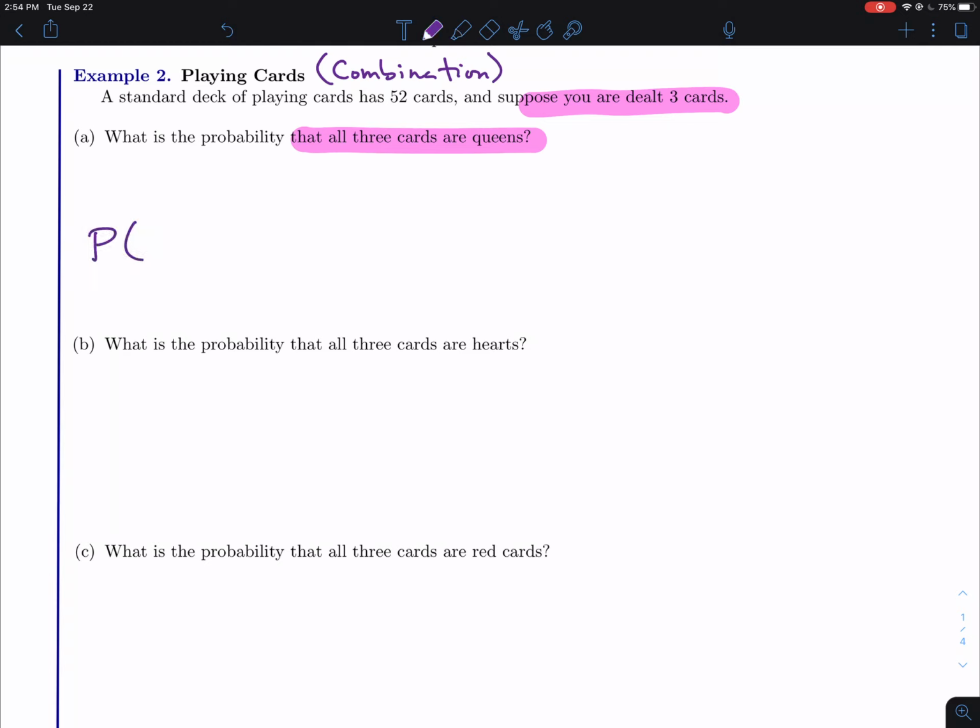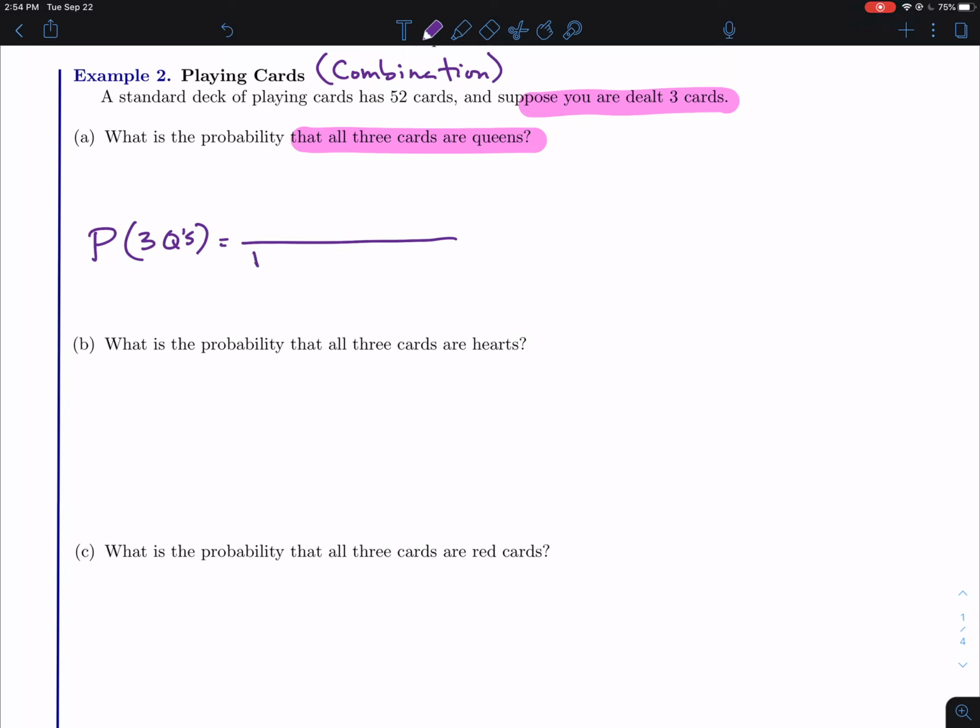So in this case, the probability of 3 queens. Again, just like above, I like to write the words out to remind me of what I'm actually trying to count for the top and the bottom. I'm going to start with the bottom because the bottom is usually the easier thing to figure out.